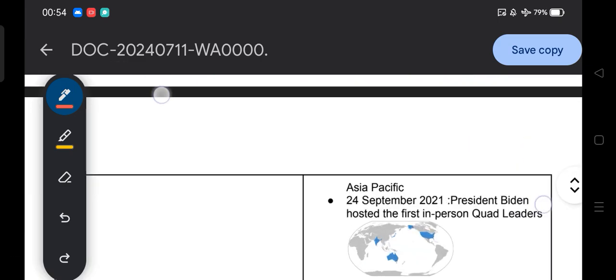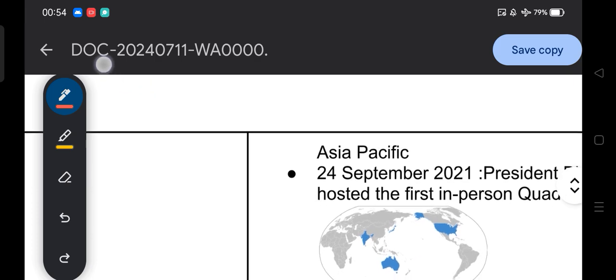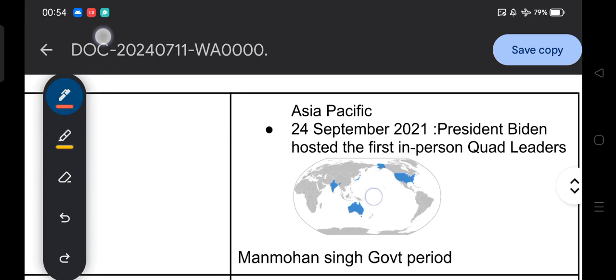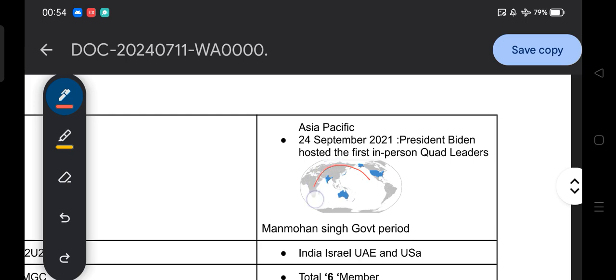As you know, this is known as the Asia Pacific. If I talk about the Indo-Pacific, this whole area covers the Indo-Pacific. So one needs to understand what the Indian Ocean is, what the South China Sea is, what the Indo-Pacific is, and what the Asia Pacific is.